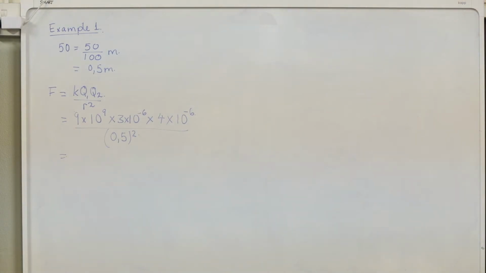So 9 times 10 to the power of 9 times 3 times 10 to the power of negative 6, okay, times 4 times 10 to the power of negative 6.